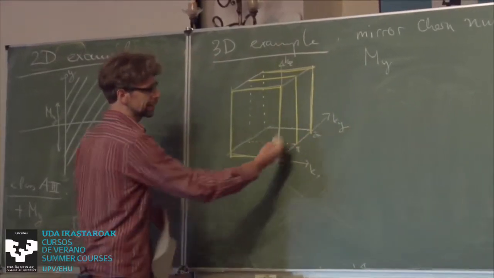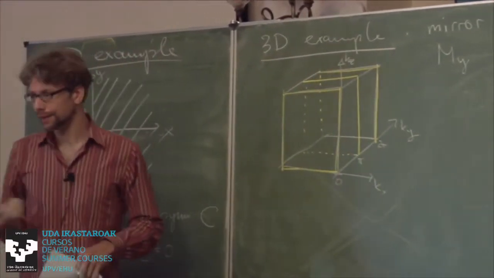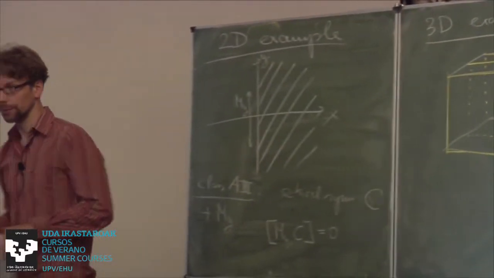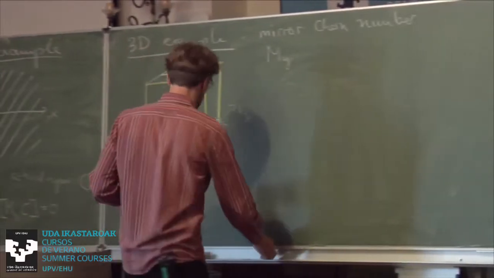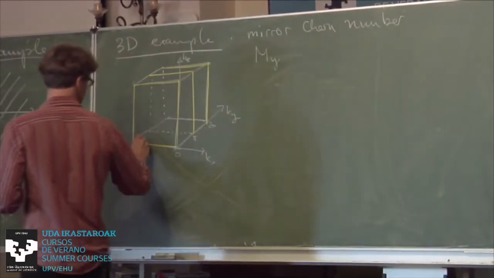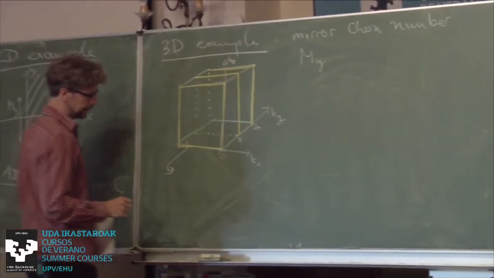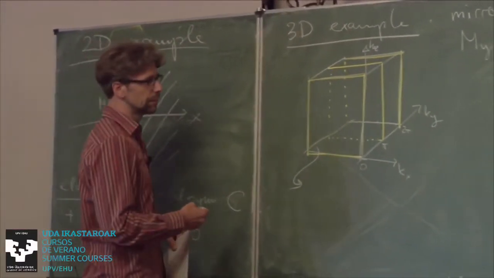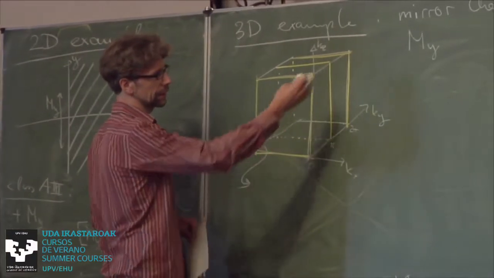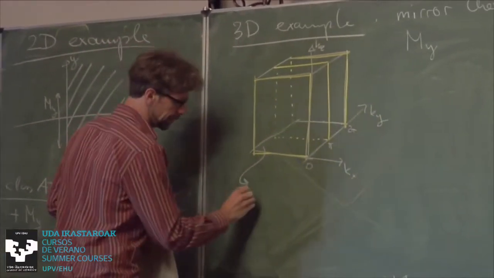So there are two planes which are invariant under the My symmetry. And on these planes, I can divide the occupied subspace by the two eigenvalues of My.